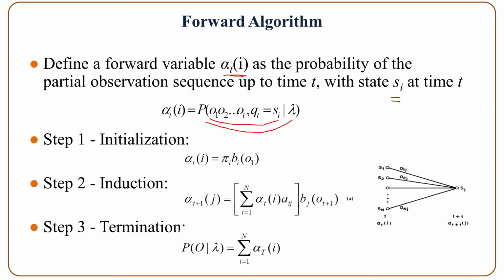So in step 1, for initialization, alpha 1 of i is set to the probability of arriving at state i times the emission probability of observing O1 at state i.